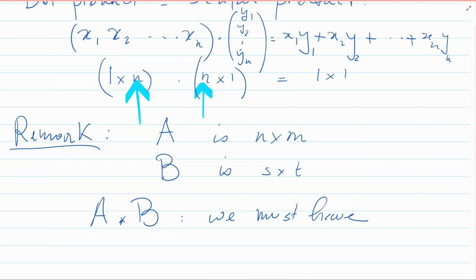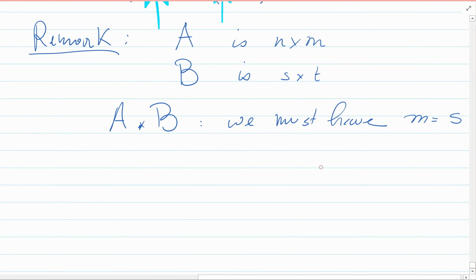So here we must have m equals s. Once you have done that, we have n by m, that's A, times the matrix B, which should be m by t. The m is gone, and the end result will be n by t.